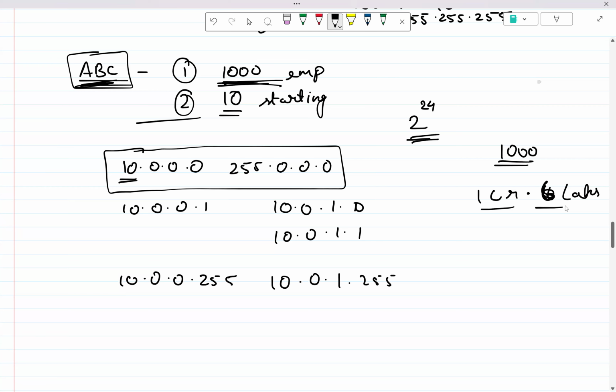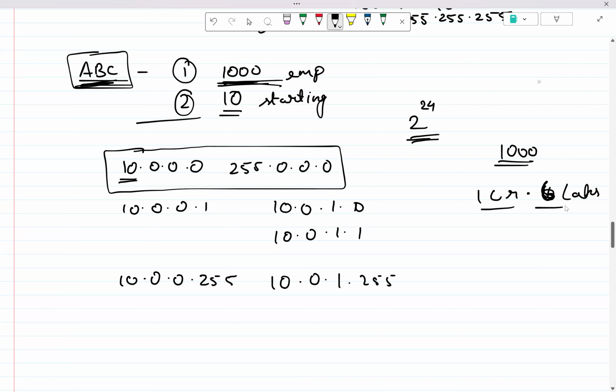So giving away all the address space just for this company and wasting all the other addresses is of no use, right? And the designers of IPv4 address said it's not going to work. They immediately knew this is not going to work.